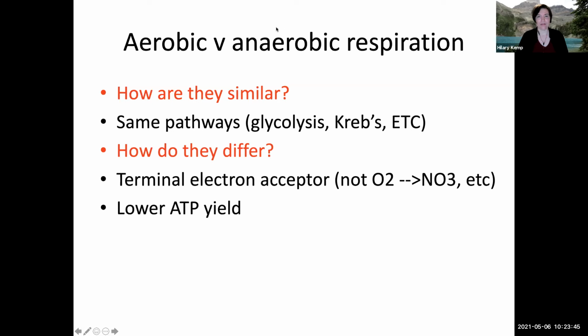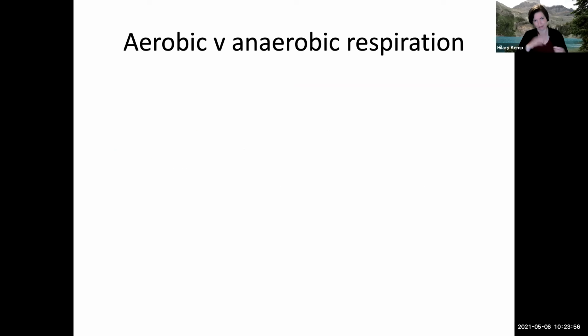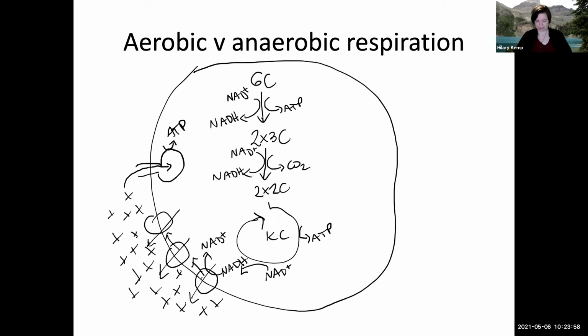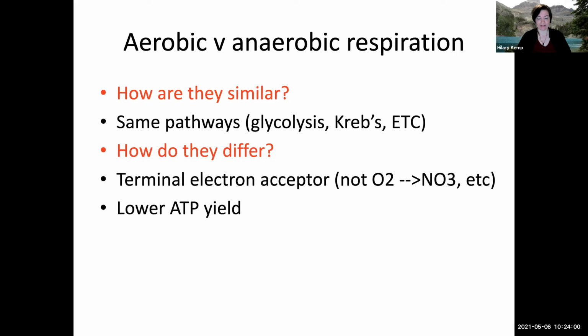And when you do anaerobic respiration, you get a lower ATP yield. And I can't give you a precise number because the different forms, and there's many, nitrate, carbonate, sulfate, and others, have different amounts of ATP. So all you need to know is that it's lower than the total number you can get.